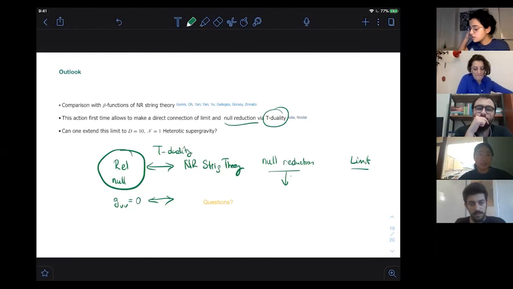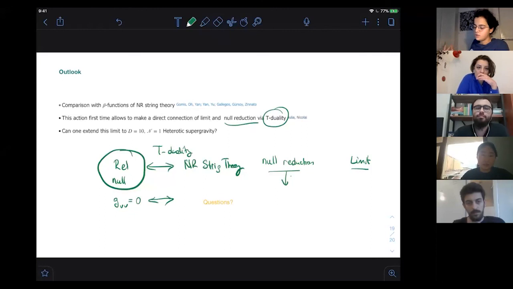Well, it is just the result of T-duality. If you start with non-relativistic string theory and take a T-duality along a longitudinal direction, you end up with a relativistic theory with null isometry. I can also give references.